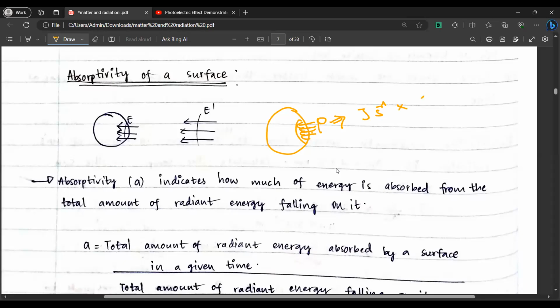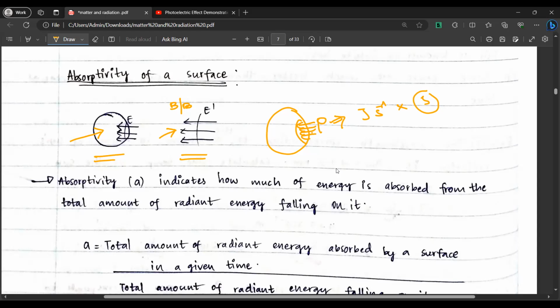For some number of seconds, we are comparing this body with another body, a black body. In this given time, we look at how much energy the normal body absorbed versus the black body absorbed. So the ratio between them is the absorptivity.